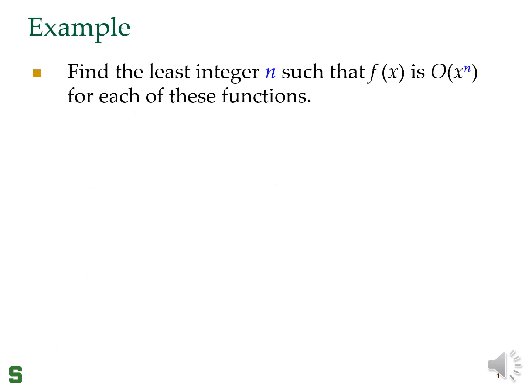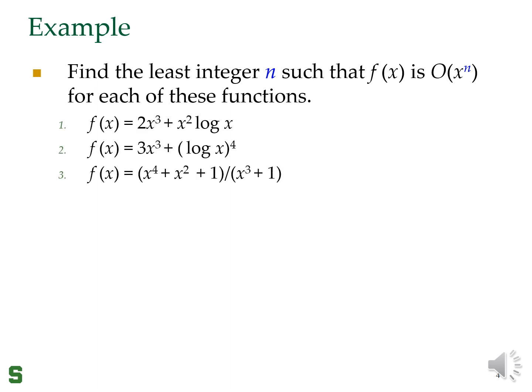The next thing we want to look at is to find the smallest integer n such that f of x is big O of x to the power n. Once again, the answers are on the next slide. I would recommend you to pause this slide so that you can review and do it yourself before you go to the answers.